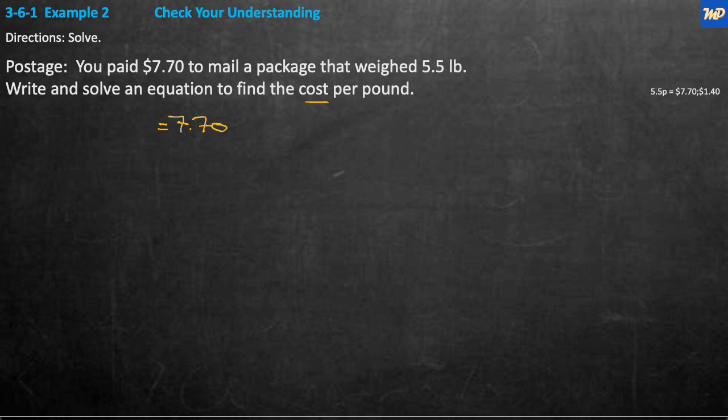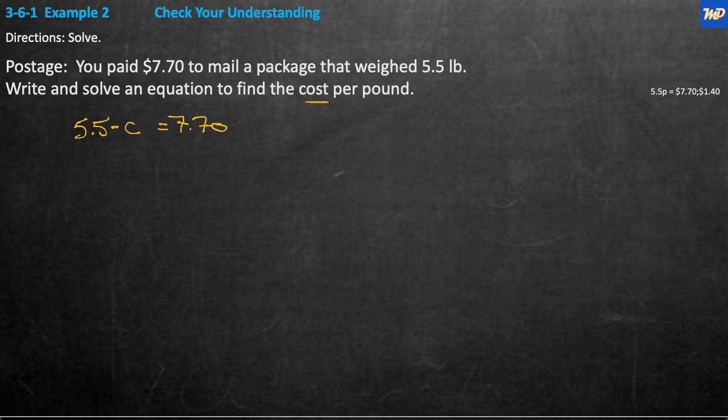So 5.5 pounds times C is equal to $7.70. This would be the formula.